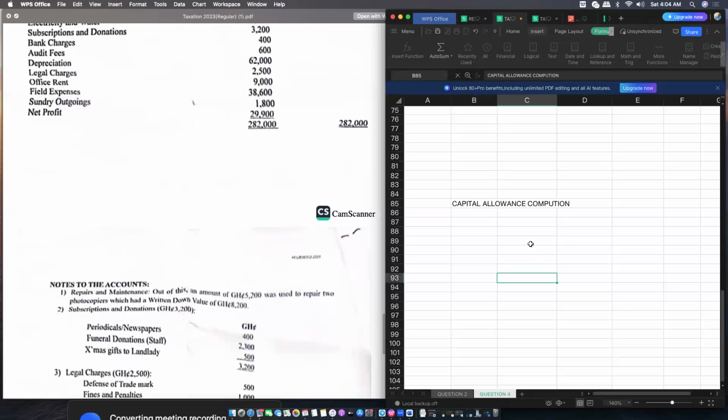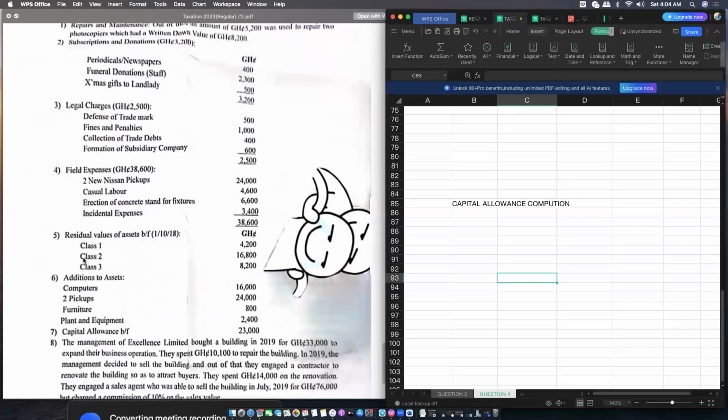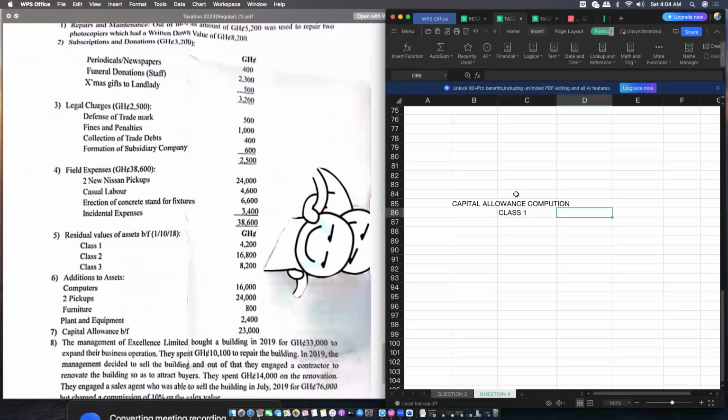For this one, it is very simple because they have done it for you. Class 1, class 2, class 3, and the date is here, so you know that it is balance brought forward. What are the balance brought forward amounts?